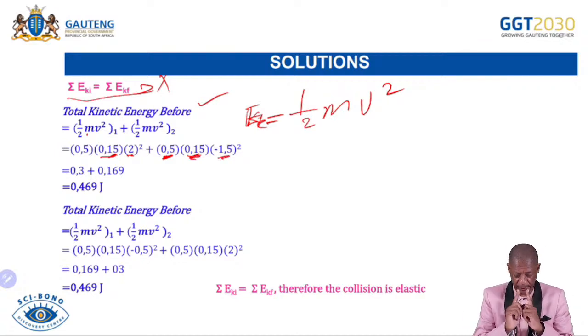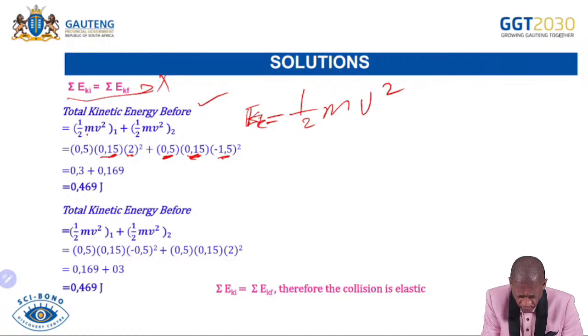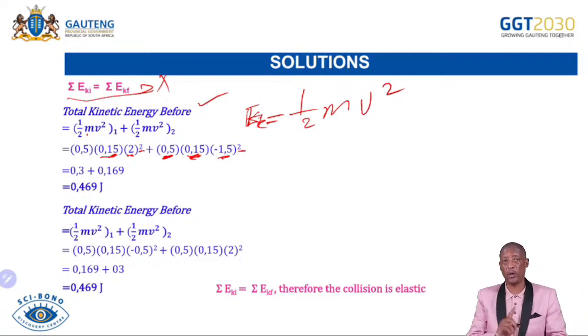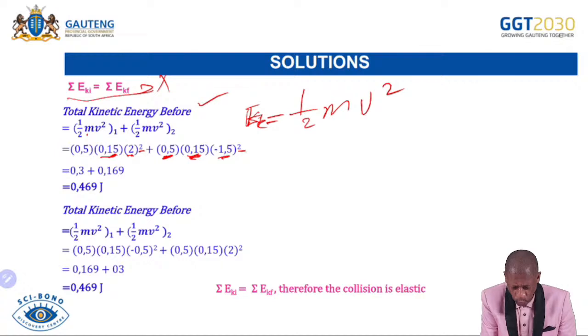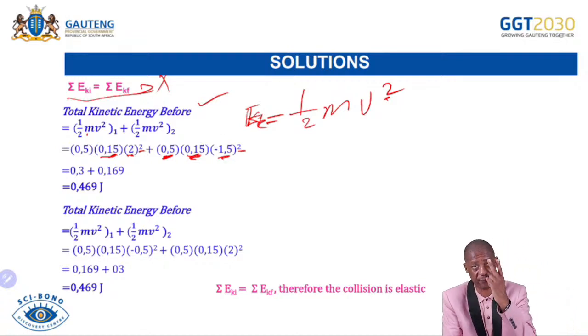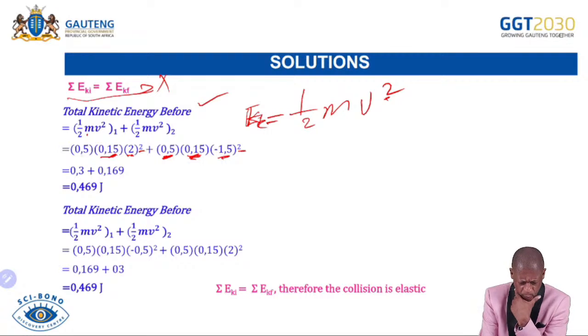But what is very important that I must tell you, guys, you must not forget the squares. Once you forget that, your answer will be wrong. The square there is very important because it means the number in the bracket must multiply itself twice, right? Then you start calculating. You do your calculation. 2 squared is 4. 4 multiplied by 0.15 multiplied by 0.5.